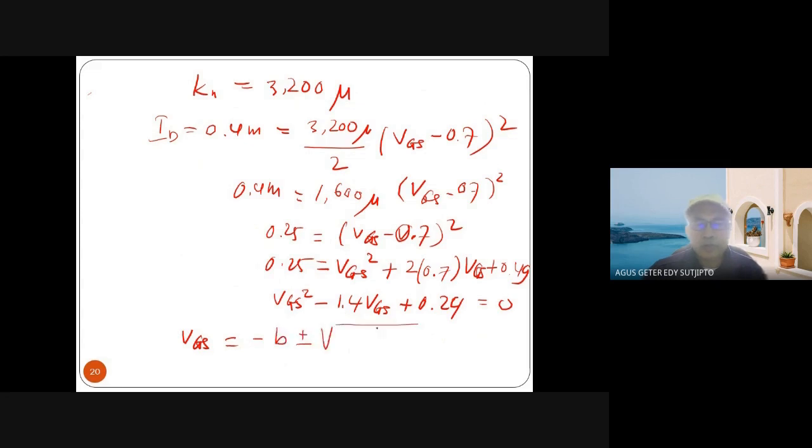VGS equals minus B plus or minus the square root of B squared minus 4AC, over 2A.